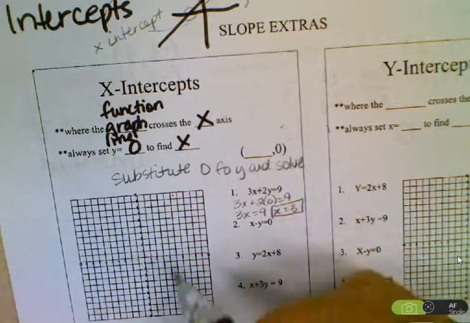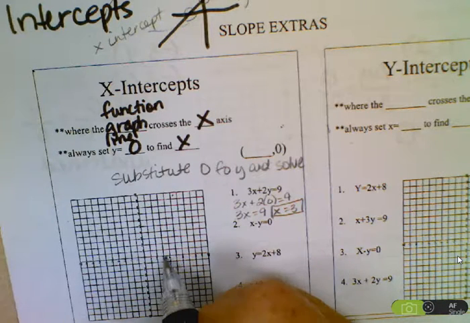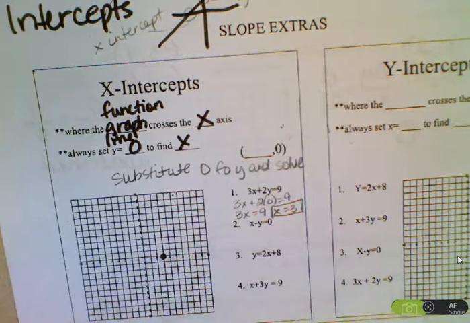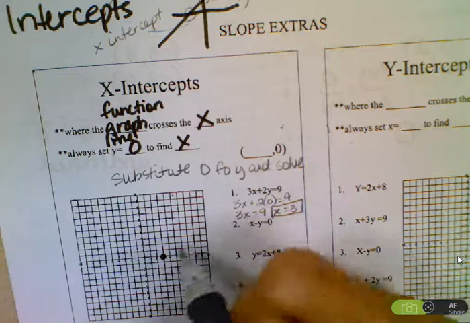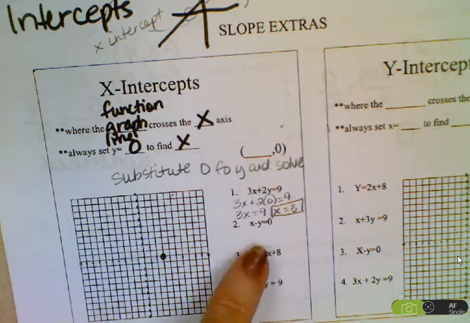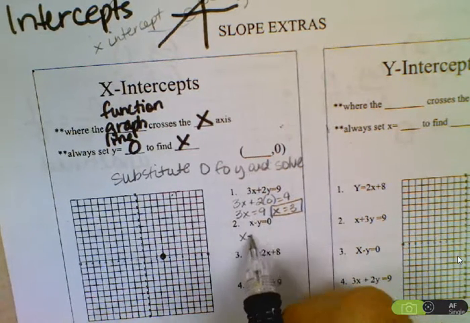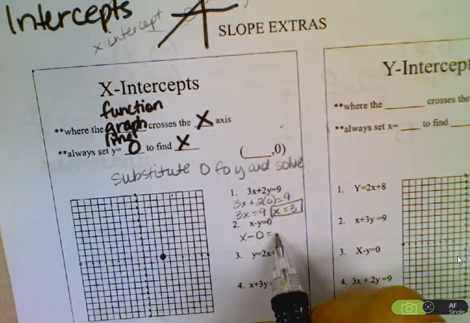So if you were to draw that graph, this one, you would know that your first point would be on the x-axis right here. Okay? So that would be number 1. We're just going to do the x-intercepts for these lines right now. Okay, let's go on to number 2. So again, you're going to plug in 0 for y.